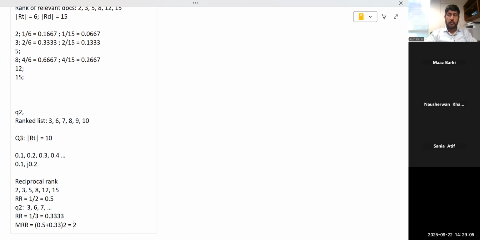If your system gives you the first relevant document way down in the list, that would not be a good system. And it's a very quick measure, meaning that you just had to look at the first relevant document and not the complete list.